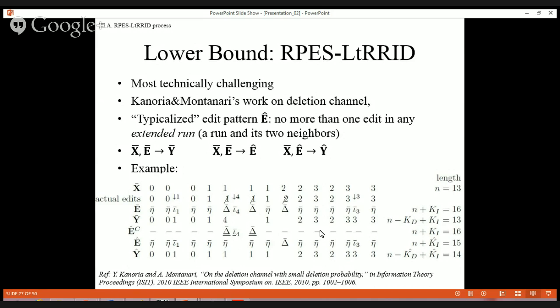Hence, in E complement, it's all no operations here. In the next run, 2, similarly, there are no edits in the extended run 3, 2, 3. Hence, E complement has all no operations corresponding to this extended run. In the last run of X, 3, 3, the extended run is 2, 3, 3, and there is only one edit, which is this insertion of 3. Hence, in this extended run, we don't eliminate anything.